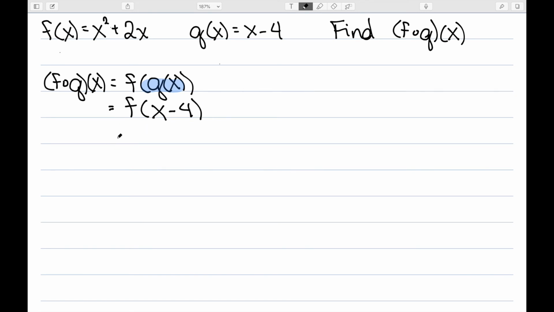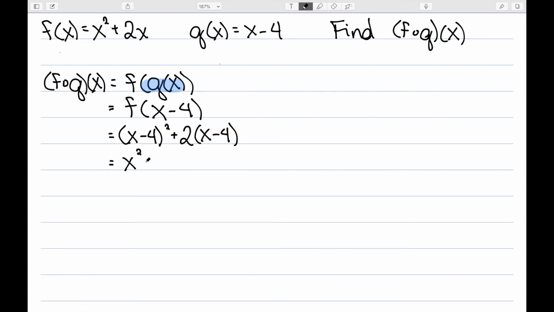And now what this tells me is I'm going to look at my function f, and everywhere I see an x, I'm going to write down x minus 4 instead. So here I see an x squared. So down here I'm going to write x minus 4 squared. Here I have a plus 2x, so down here I'm going to write plus 2 times x minus 4.